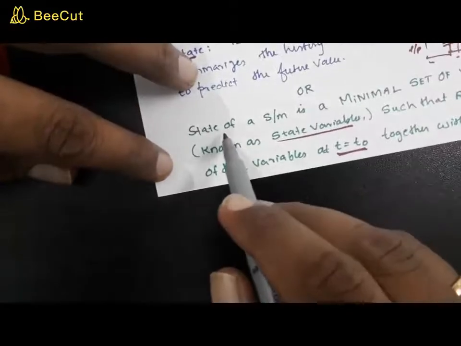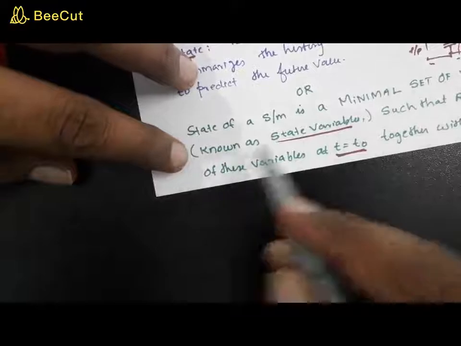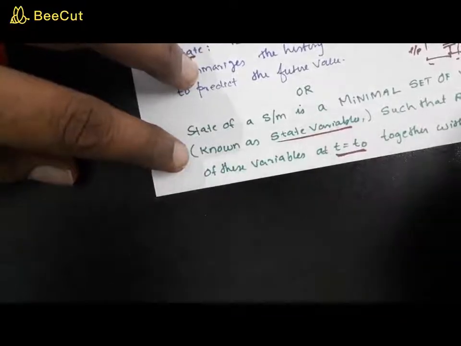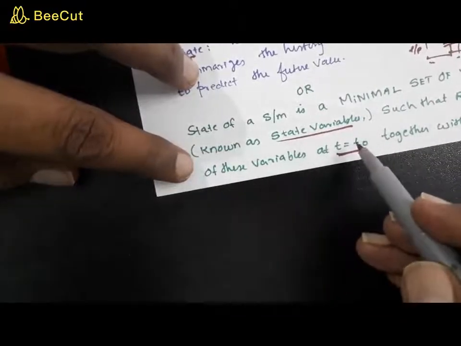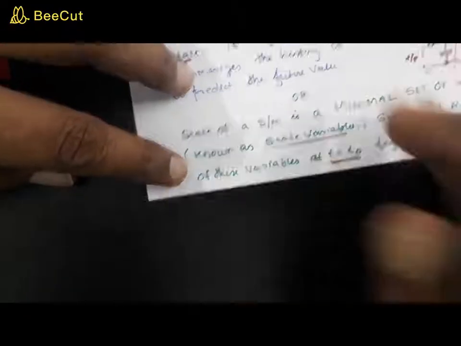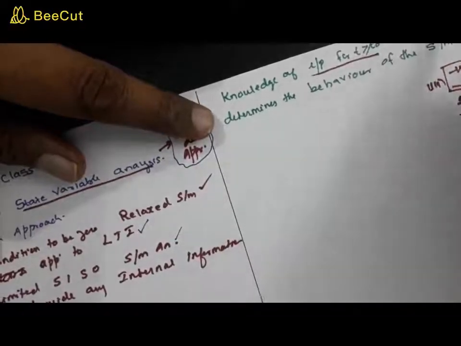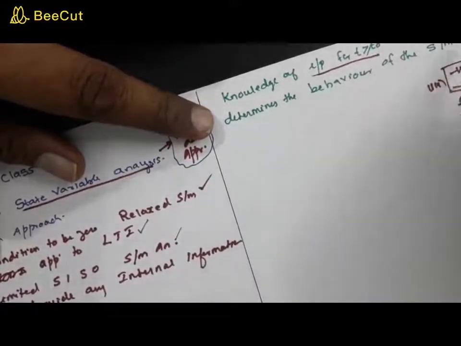So that's what it says. I'm going to explain it once more. The state of a system is a minimal set of variables known as the state variables, such that the knowledge of these variables at t equal to t0 or t less than t0, along with the input for t greater than or equal to t0, completely determines the behavior of the system.